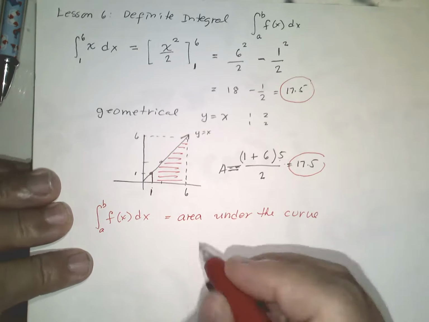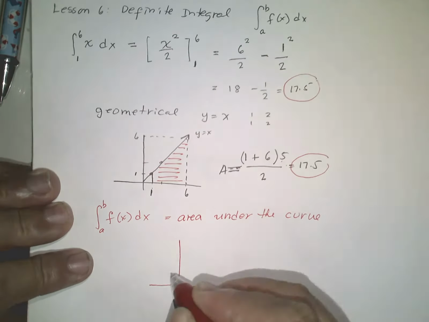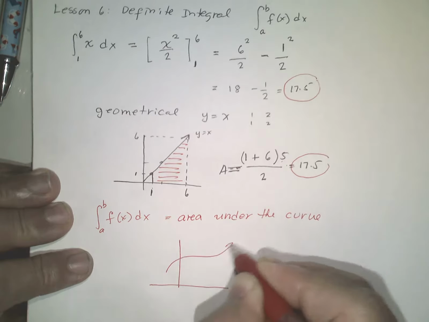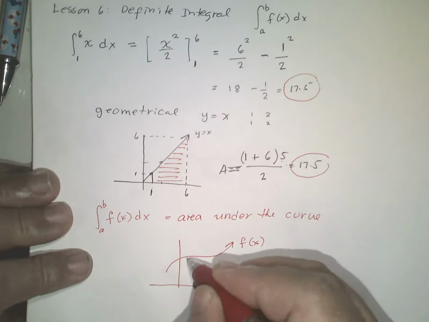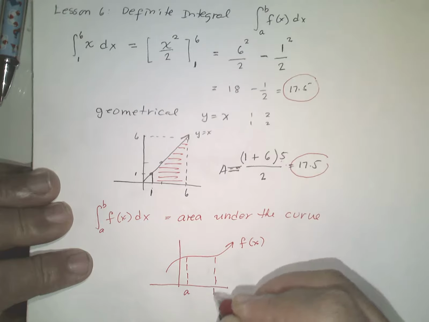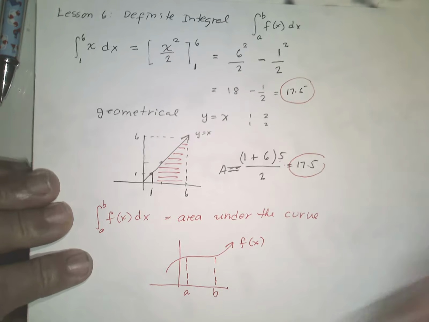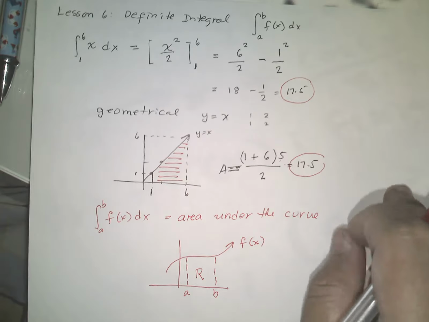So if we have this function, and let's say this is the graph of your f of x, and you want to have from a to b, the area of that region R is this one.